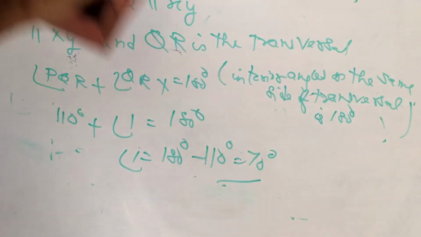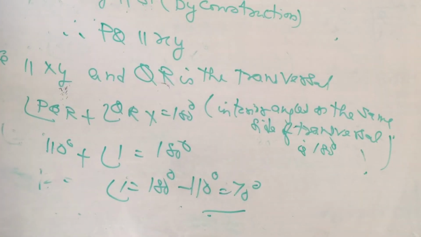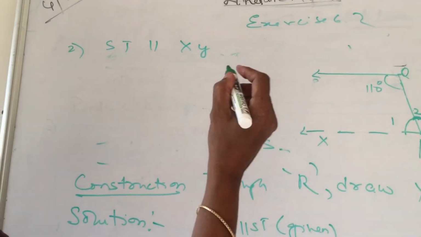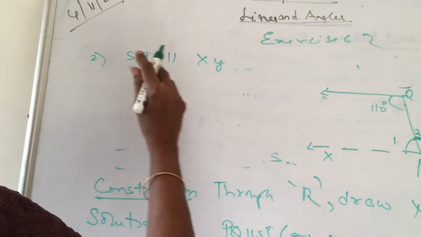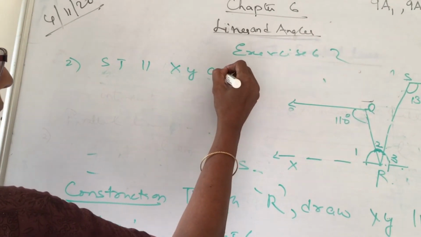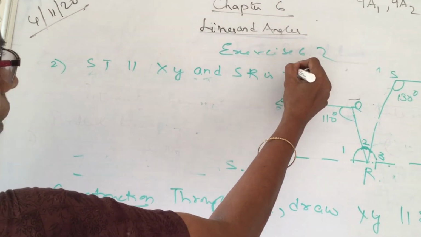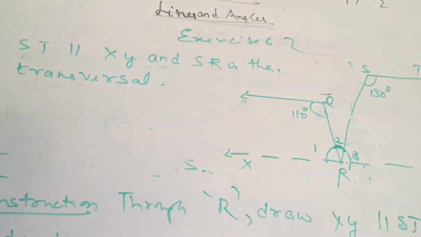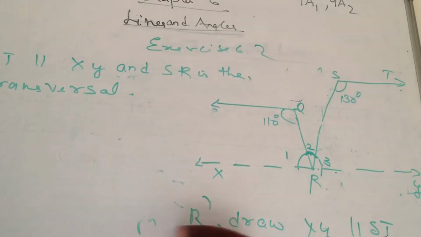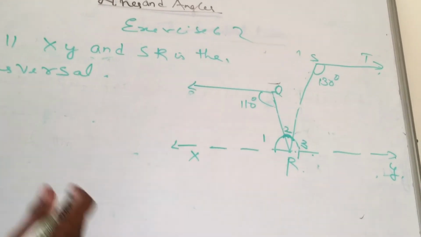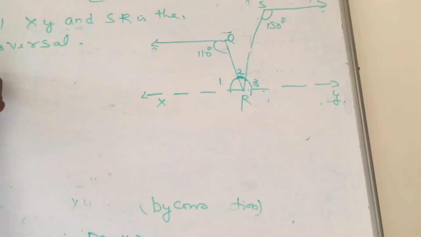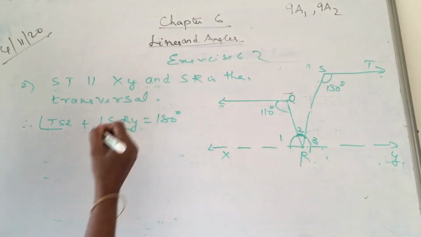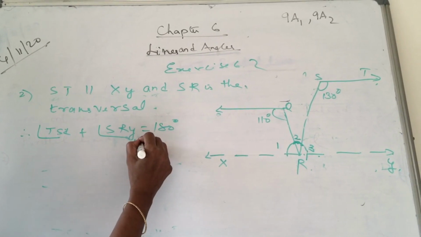Now go to the second point, children. Second bit. How is ST parallel to XY? ST parallel to XY and SR is the transversal. Name the angle, children. Angle TSR plus angle SRY is equal to 180 degrees. Reason?